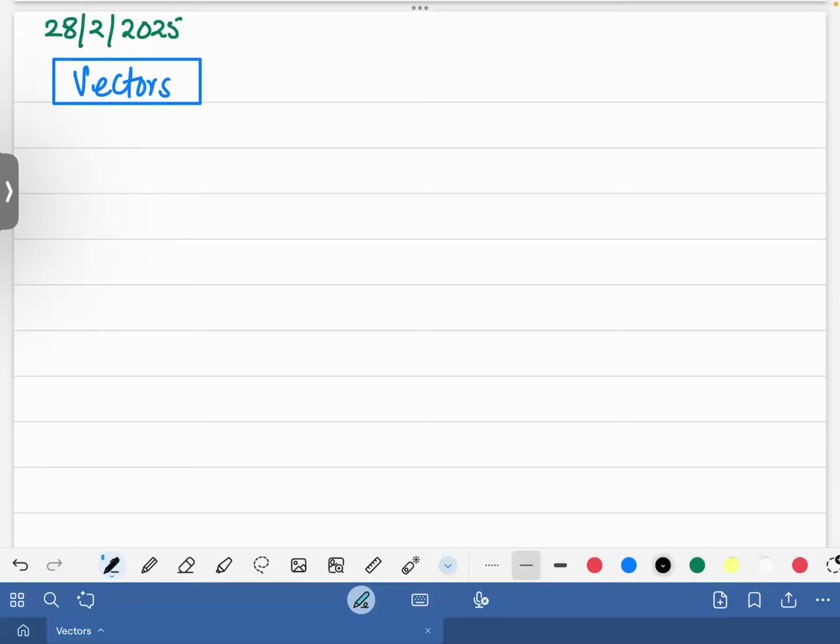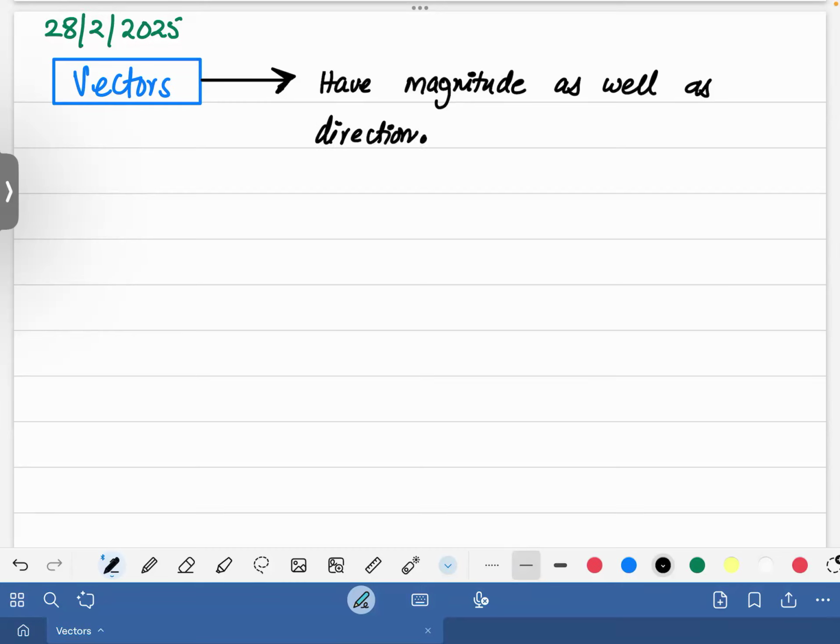So, vectors. Beta, before discussing vectors, we know that in physics you have studied physical quantities. Vectors have magnitude as well as direction. I'm making very good notes for all of you, so please follow along.